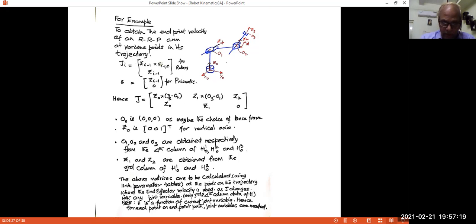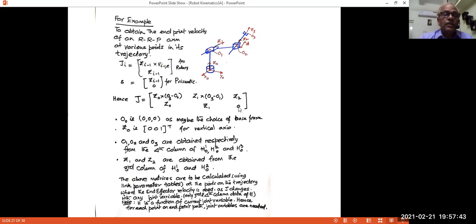Mind you, the column number I minus 1 is Zi minus 1 is what you get here. OE minus Oi minus 1 will be O3 minus O0 and so on. Next one is Z1 and next is Z2 because this is a prismatic joint. So, for a prismatic joint, this is the type and you get Z2 comma 0.